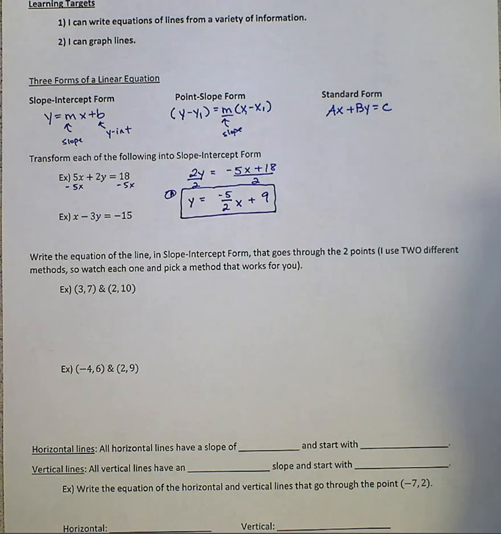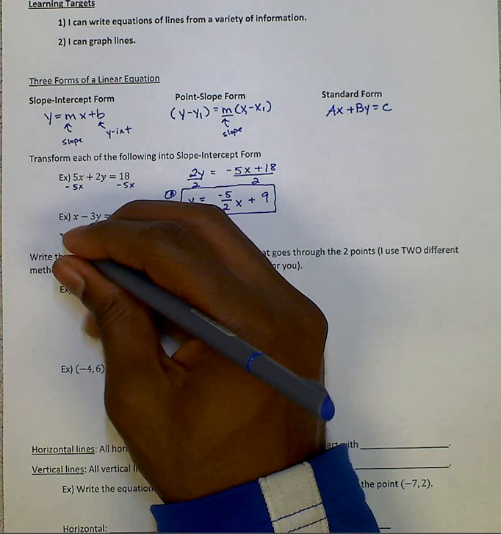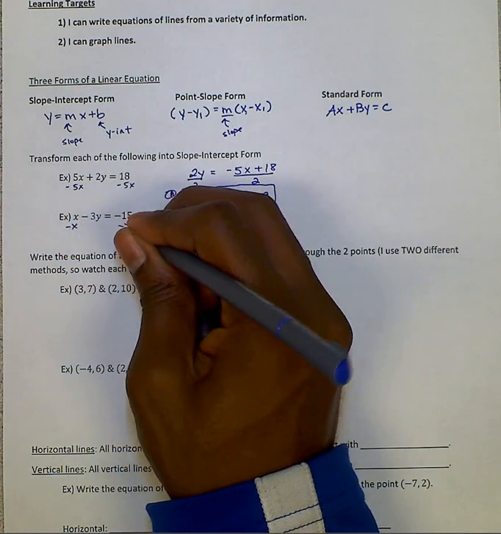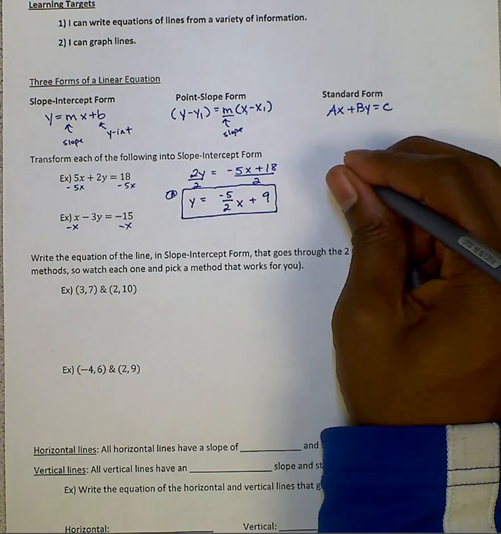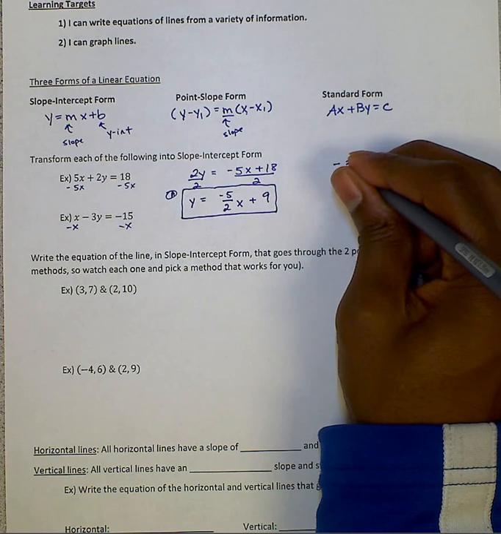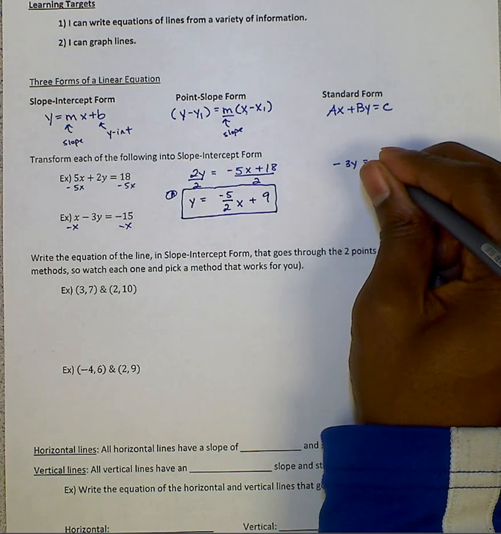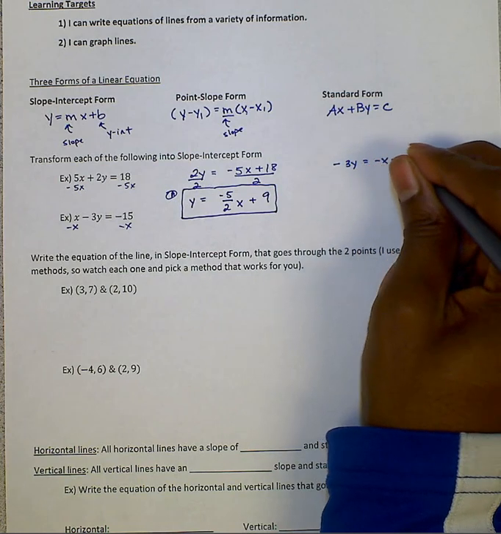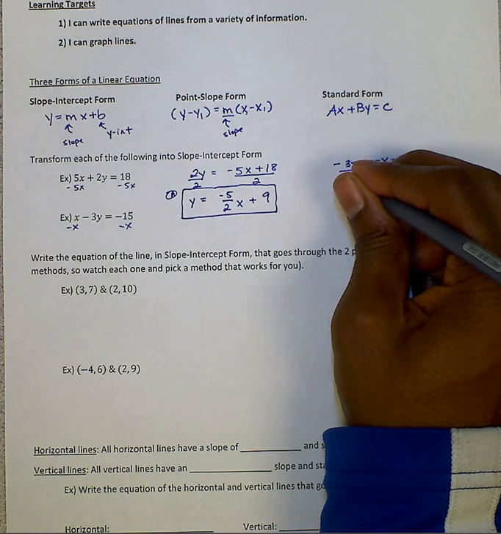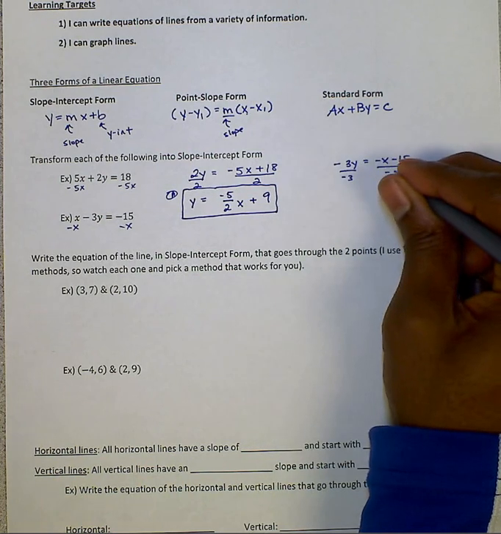Second problem, really the same thing, asking us to put it in slope-intercept form, so we have to get y by itself. So I'm going to subtract x from both sides. So we have negative 3y equals negative x minus 15. And then to get y all the way by itself, divide by negative 3 on both sides to finish that off.